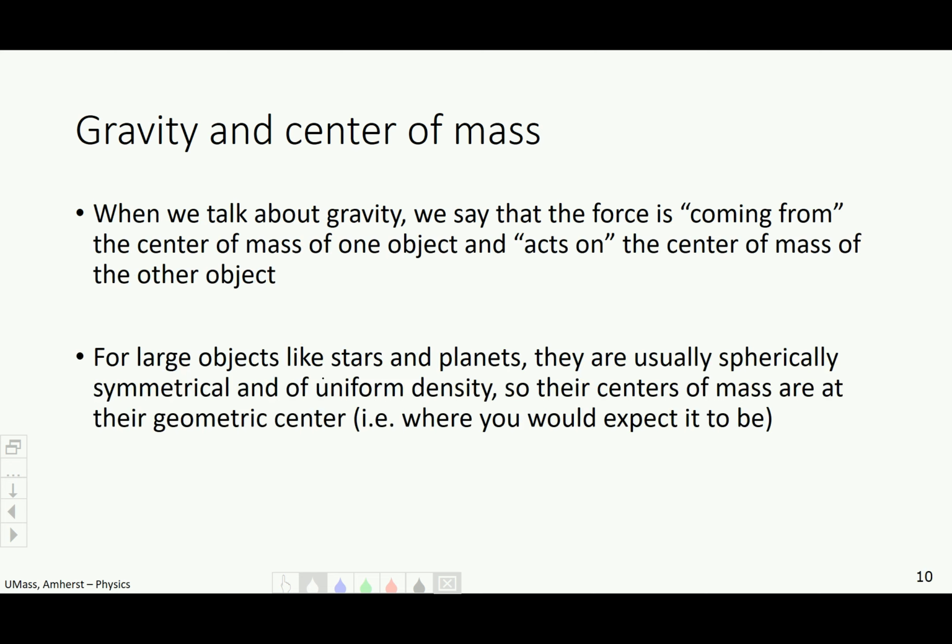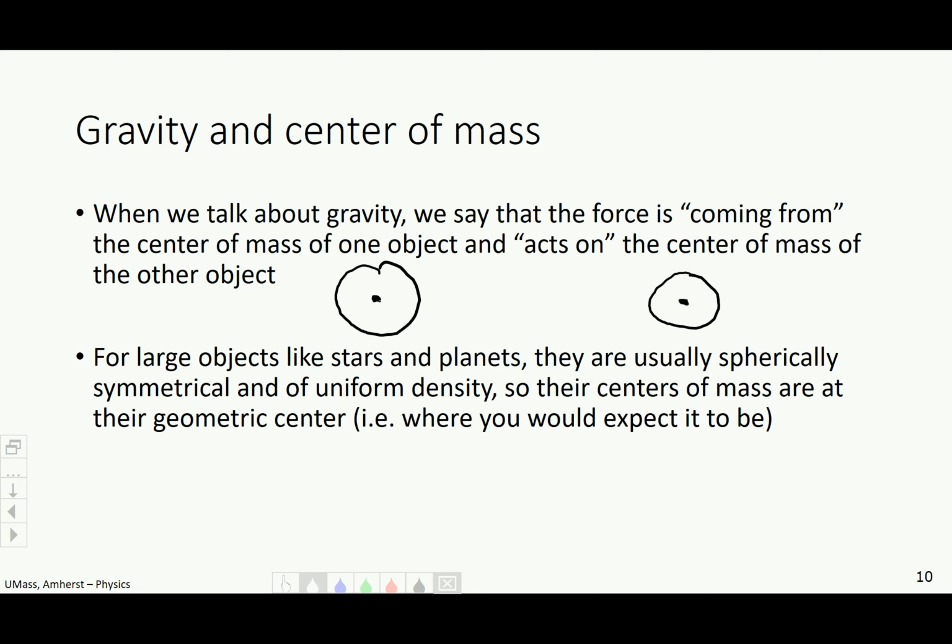So let's talk about the center of mass. When we talk about gravity, we say that the force is coming from, so from what to what? It's coming from the center of mass of one object, and it acts on the center of mass of another object. Okay, so we go back to our spheres. Here's our two spheres. Here are their centers of mass.